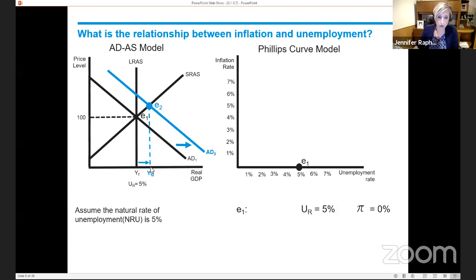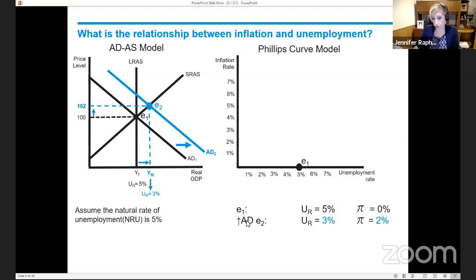So here, when output is increasing, unemployment is decreasing. So let's assume that the unemployment rate is 3%. That would be an unemployment rate that is less than 5%. Now, with the price level, let's go from 100 to 102, which would be a 2% rate of inflation. When the price level goes from 100 to 102, that reflects an inflation rate of 2%.